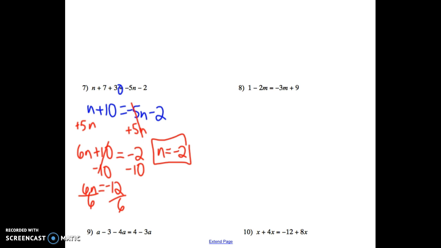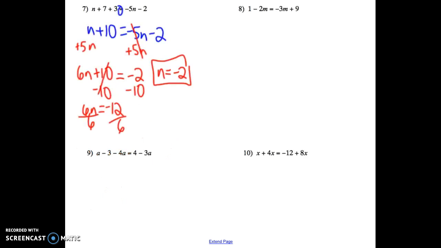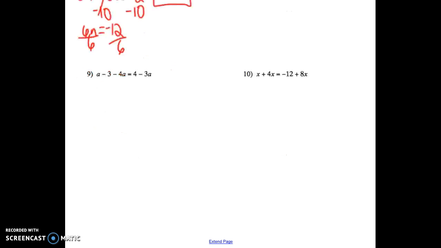Anytime that on the left or right side of the equation there are like terms, like I'm looking at number 9 right now, where on the left side there's an a and a negative 4a, you have to combine those like terms before you start moving things around.